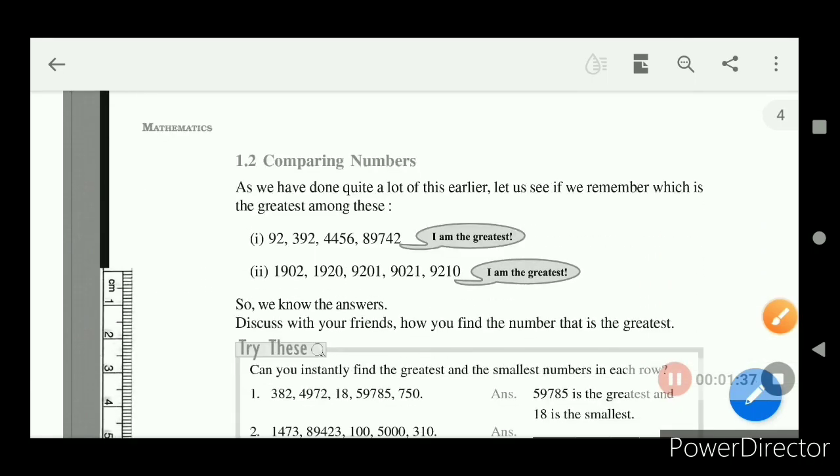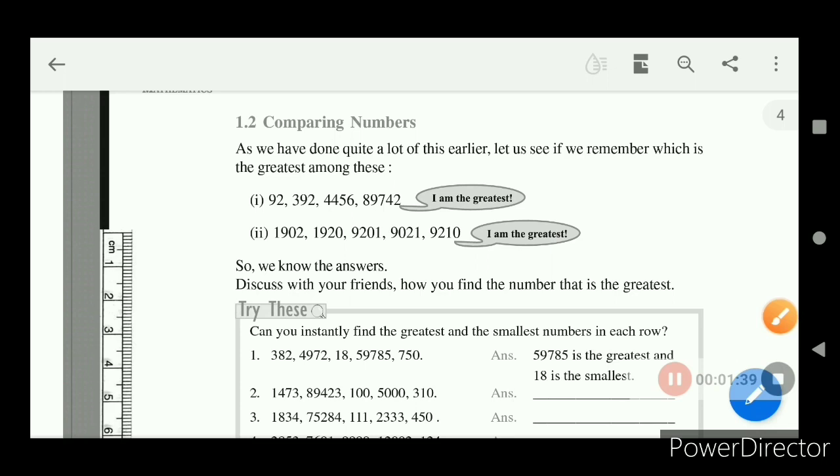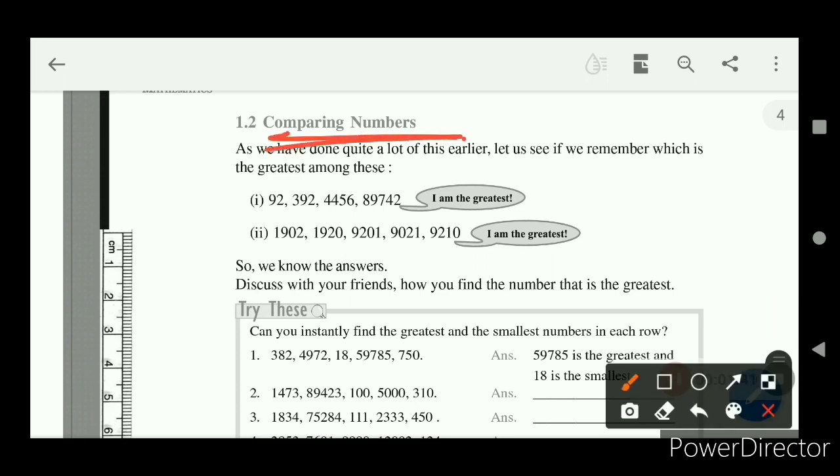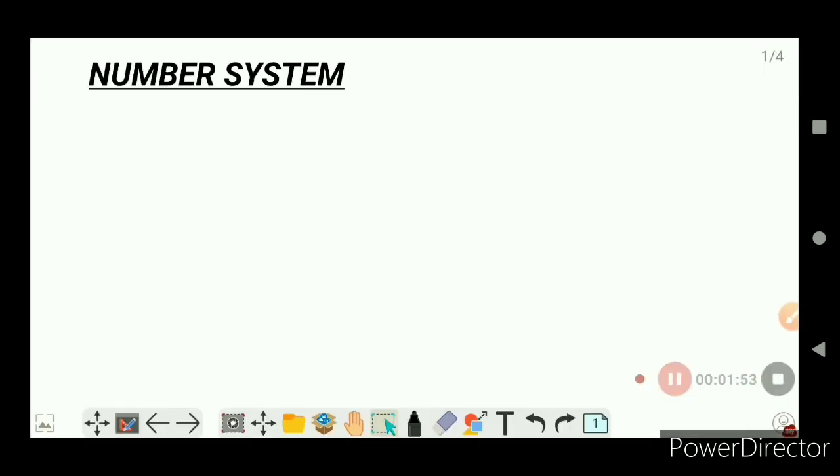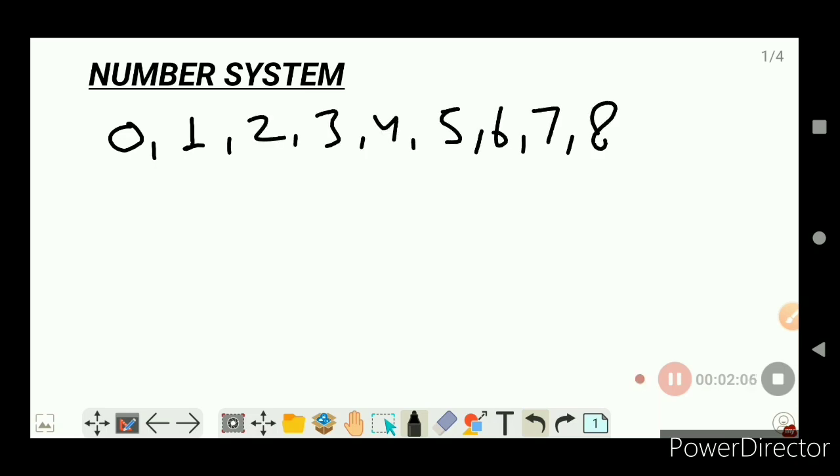Now going ahead, we have comparing numbers today, right? So before going in, let us complete a few basics of number system and comparing numbers. Let us know how the number system works. We have studied that we start with 0, 1, 2, 3, 4, 5, 6, 7, 8, 9.